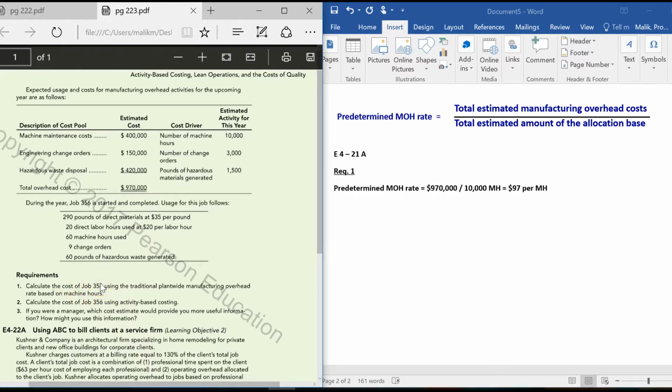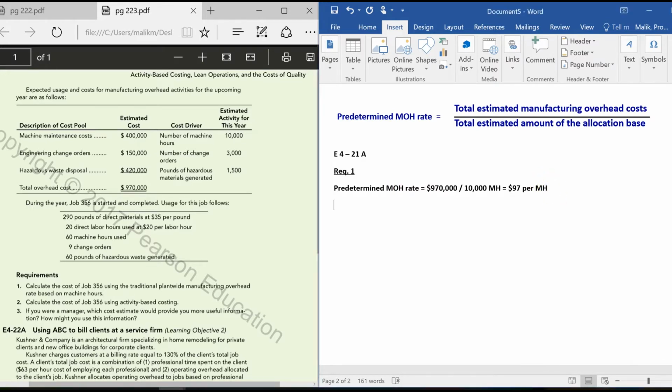So for a specific job, the total manufacturing cost means 3 types of costs. It's of course their overhead cost, but in addition to that, we need to calculate their direct material cost and direct labor cost. So first, let's try to calculate their overhead cost using this predetermined rate.